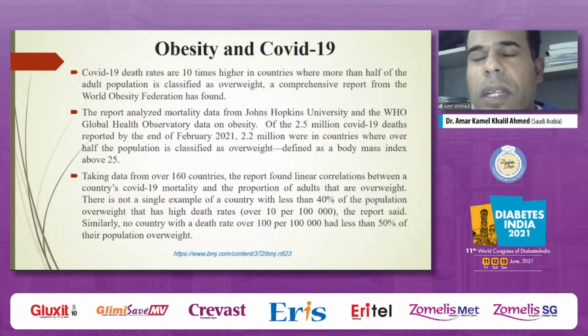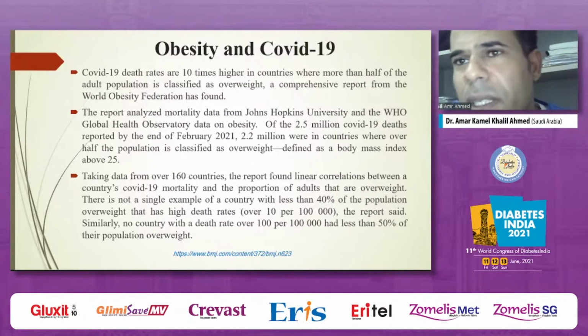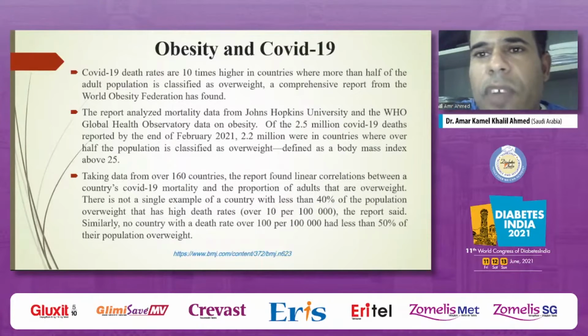COVID-19 death rates are 10 times higher in countries where more than half of the adult population is classified as overweight. A comprehensive report from the World Obesity Federation has found this. The report, using Johns Hopkins University and WHO Global Health Observatory data, notes 2.5 million COVID-19 deaths reported by the end of February. 2.2 million were in countries where over half of the population is classified as overweight.